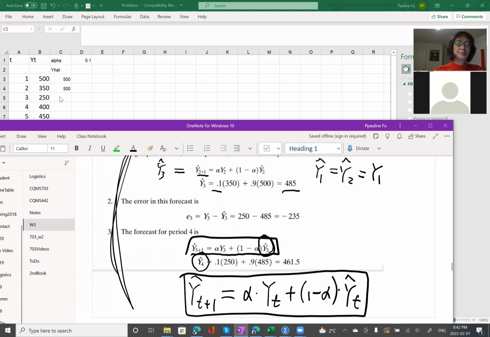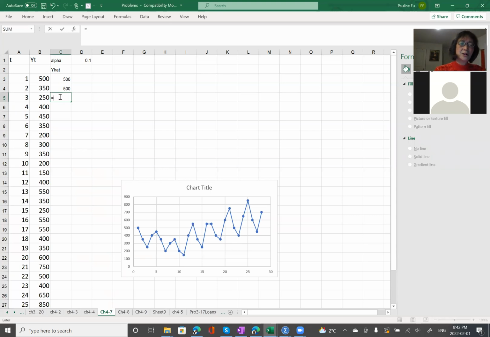So this formula, equal alpha. This alpha is constant, so I'm going to change it to an absolute cell reference, because I need to copy the formula. You press function key F4 to change to absolute reference.